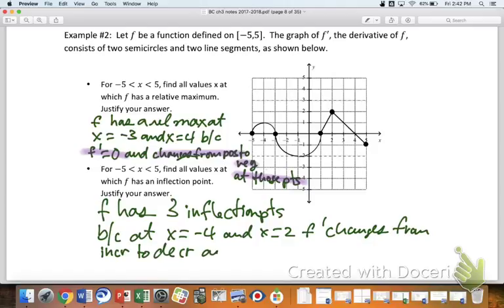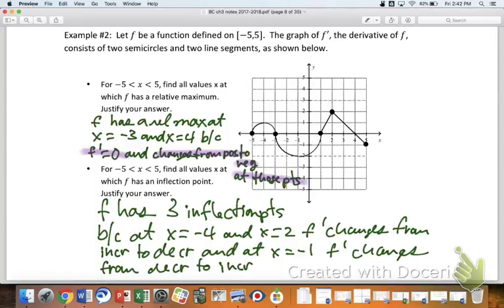And at x equals -1, f prime changes the other way, from decreasing to increasing. So as you remember the other day, this is where it starts to get a little muddled up, right? f prime does this, that means f does that, and we're starting to add a lot of layers to this. And so we want to make sure that we're taking the time to keep these straight and practice writing our justifications and making those connections.